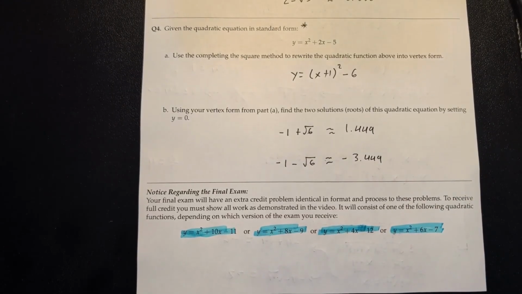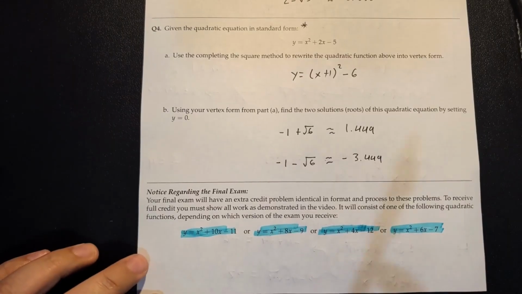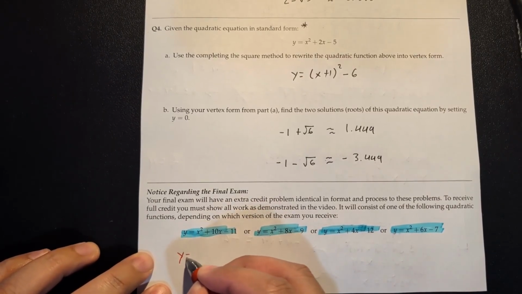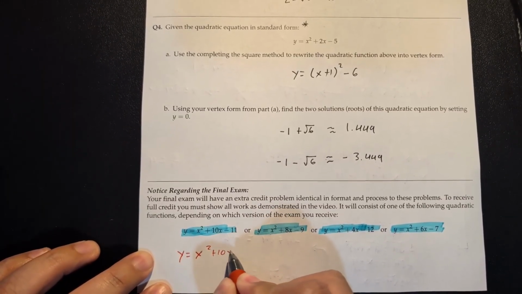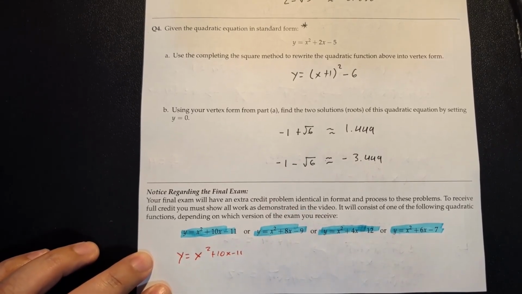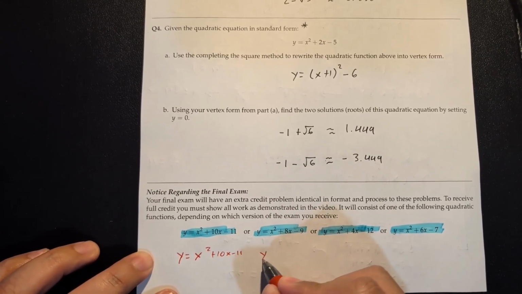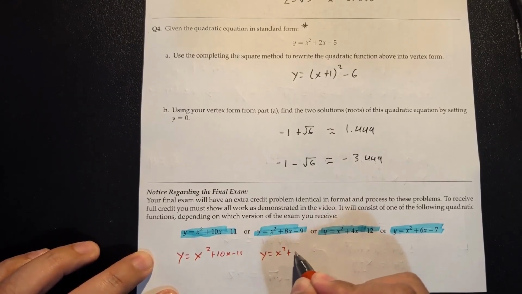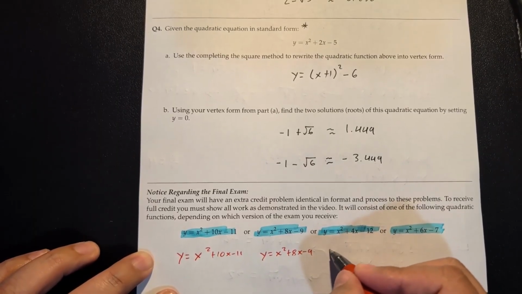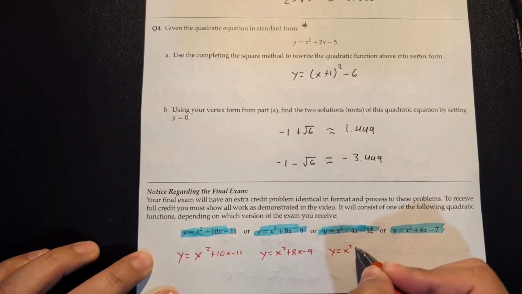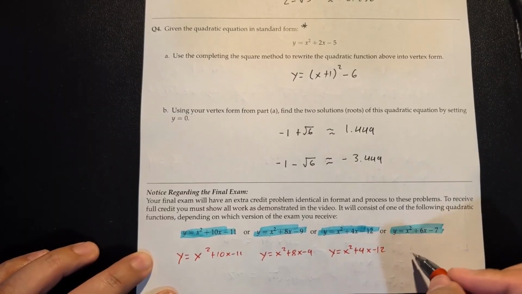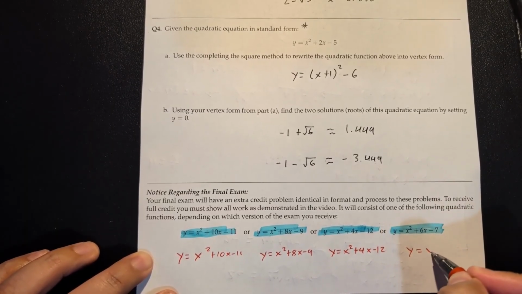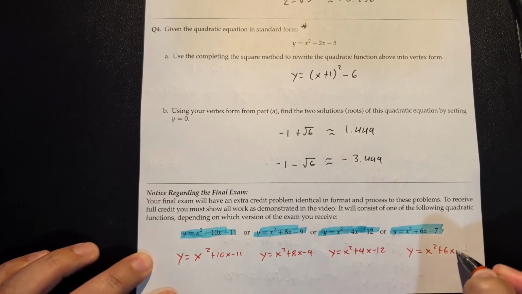So it's pretty hard to see, but you're either going to get y is equal to x squared plus 10x minus 11, or you might get y is equal to x squared plus 8x minus 9, or y is equal to x squared plus 4x minus 12, or y is equal to x squared plus 6x minus 7.